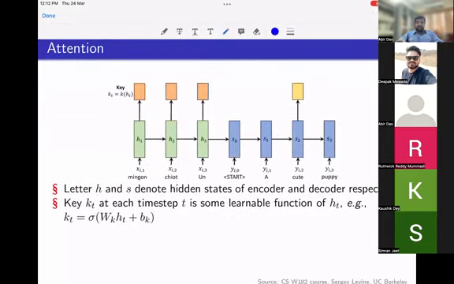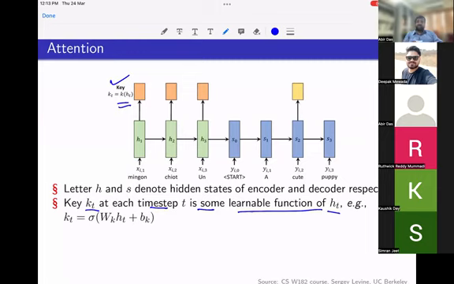So what it does now is that it generates this key during the encoding. The key k_t at each time step t is some learnable function of h_t. So the key is a learnable function of h_t.